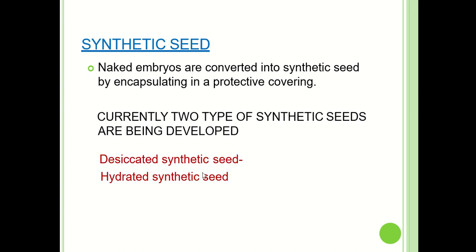Synthetic seeds are the main application, the main reason why we go for somatic embryogenesis. So how do we get them? By two types: first is desiccated and second is hydrated.